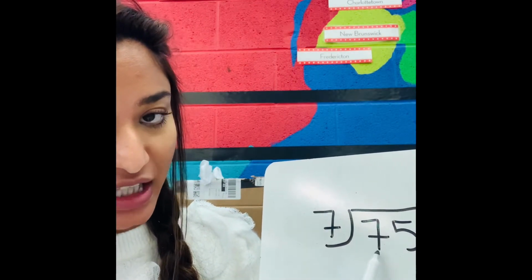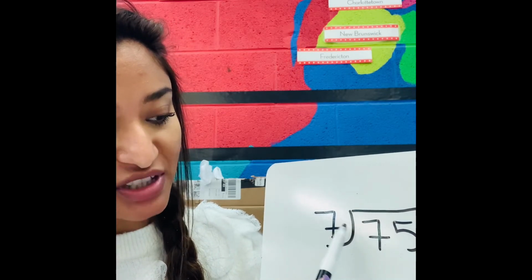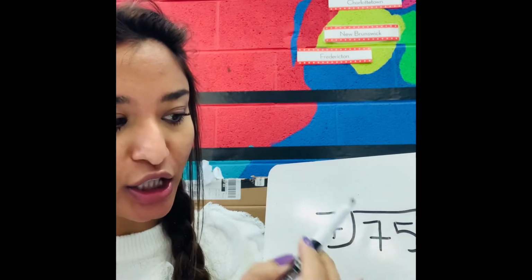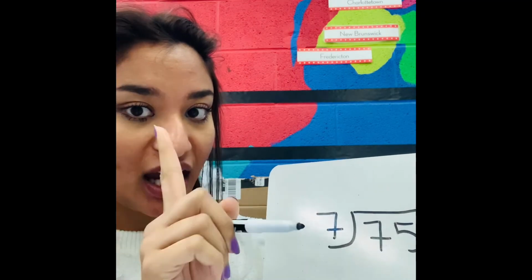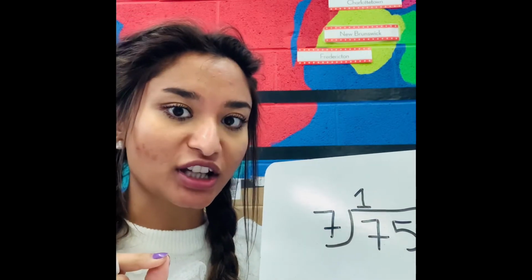So here we go. I have to divide my 1s and my 10s. How many 7s do I need to make a 7? I need 1 7. So my 1 goes at the top, and you can use your multiplication sheets, the one with the yellow numbers.